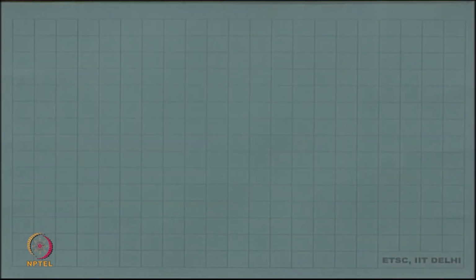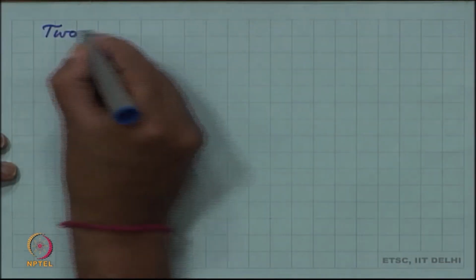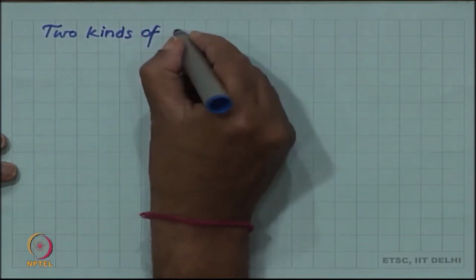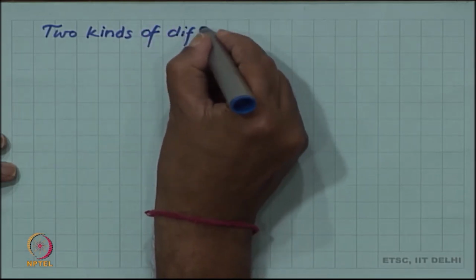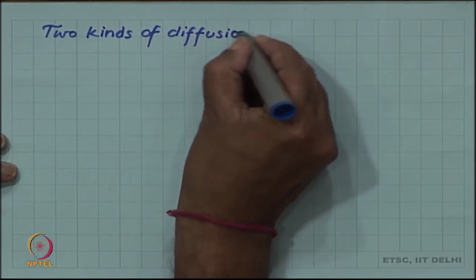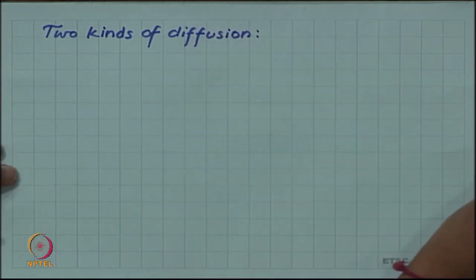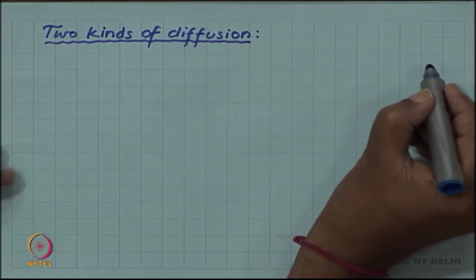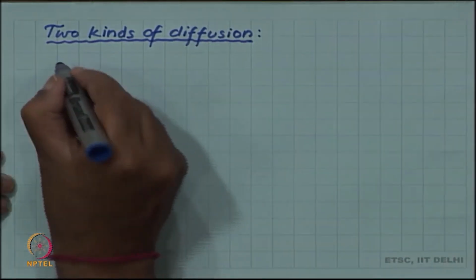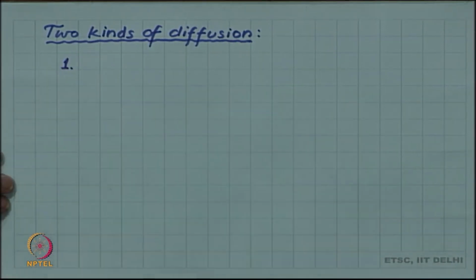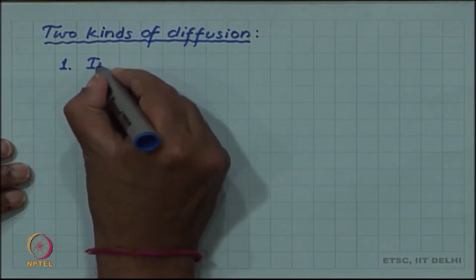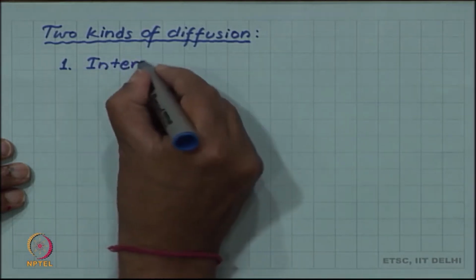Two kinds of atomic mechanisms are distinguished. Let us call it two kinds of diffusion, which is based on the two kinds of solid solutions which we have discussed. Recall that we discussed interstitial solid solution and substitutional solid solution. So, if a solute atom diffuses in an interstitial solid solution, we will call it interstitial diffusion.